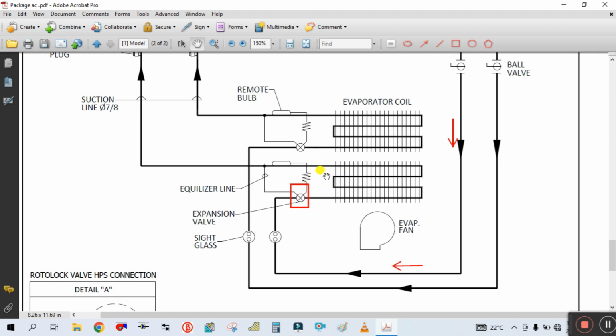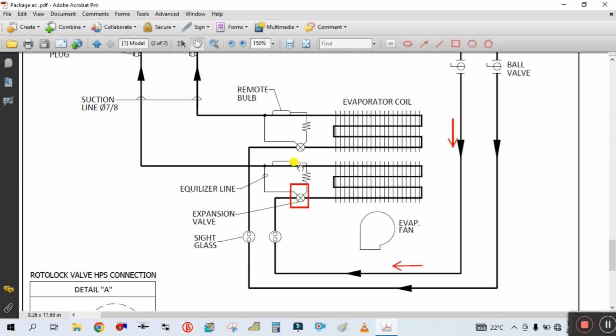For example, if the temperature of the refrigerant is high, that means the demand is more. That means the load inside the room or the return temperature is high, so more flow of refrigerant is required.